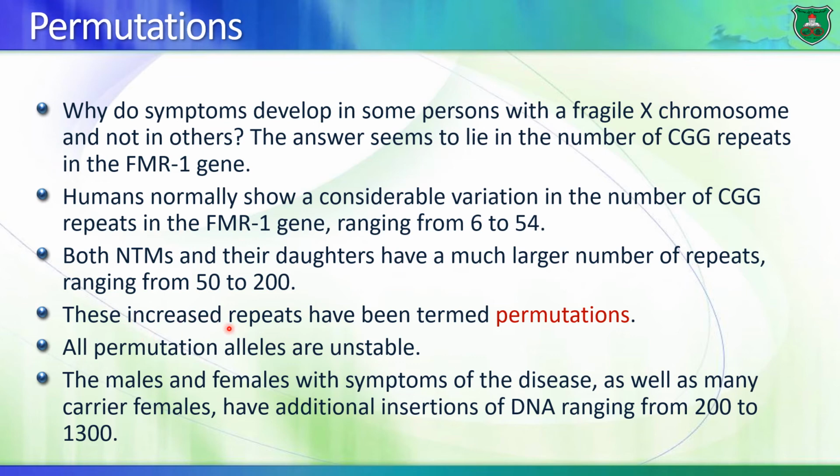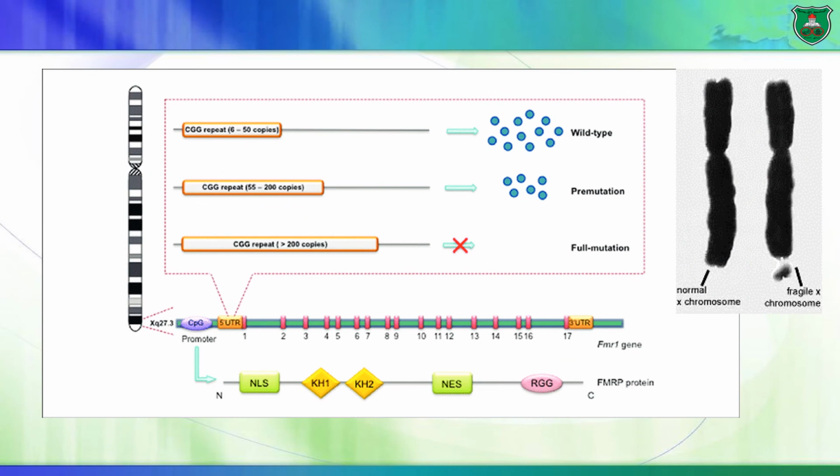It causes the gene to become unstable, but affected individuals would have a large number of repeats, about 200 to 1300 repeats. So again, basically a normal individual would have about 6 to 50 copies. I'm not going to ask you whether it is 50 or 56, by the way.